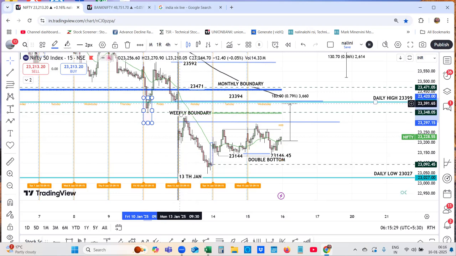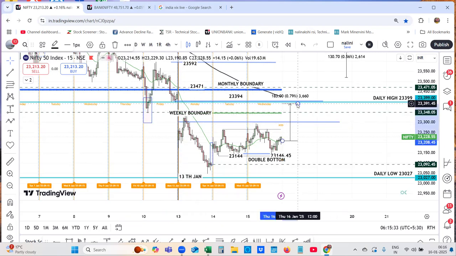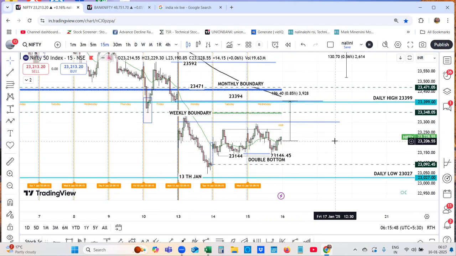Dynamic liquidity is an inefficiency found in the market. The sellers who dominated from this level, the market will find this dynamic liquidity to gap up to this level, and market may reverse.